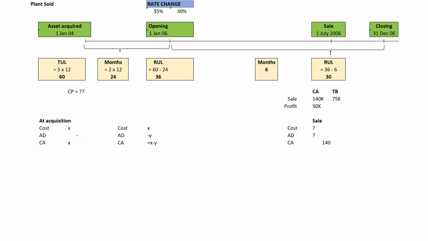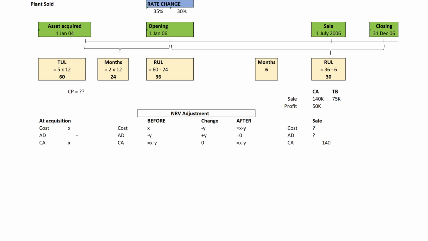Before the revaluation happened, the NRV adjustment took place, which simply meant that whatever was sitting in our accumulated depreciation account, being Y, was simply transferred into our cost. So our carrying amount due to the NRV adjustment, the impact on our carrying amount is null.